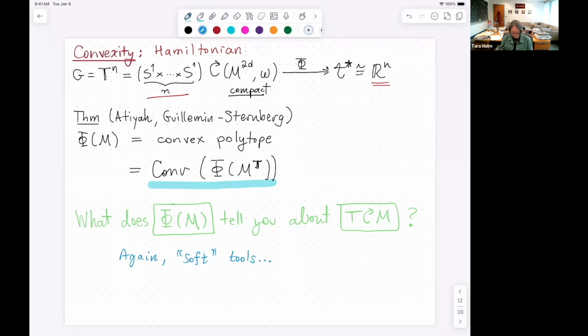And what I want to say is Atiyah's proof develops and relies on Morse theory of components of the momentum map.